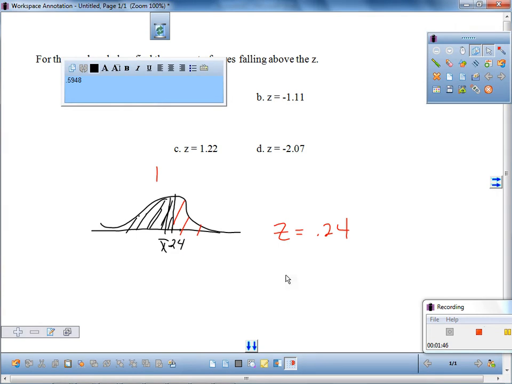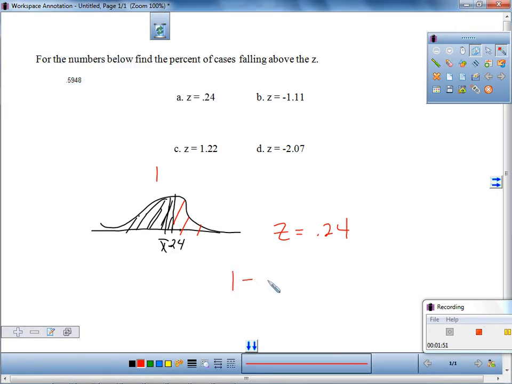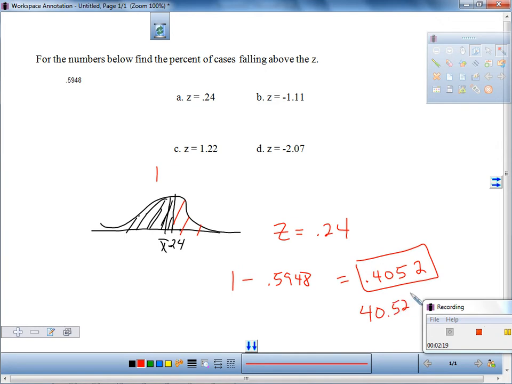So we'll have 1 minus 59.48, and when we take the difference between the two, we should end up with 40.52, or 40.52% of the cases fall above it. So again, that gives us the area up here.